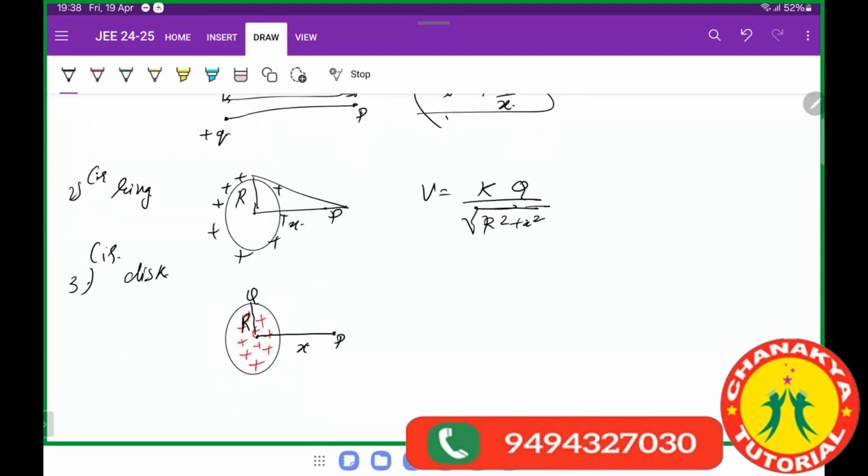The charge will be distributed over the area, so the charge per unit area will be sigma. V equals sigma by 2 epsilon naught times the square root of r square plus x square, minus x. This is a similar derivation to your electric field.